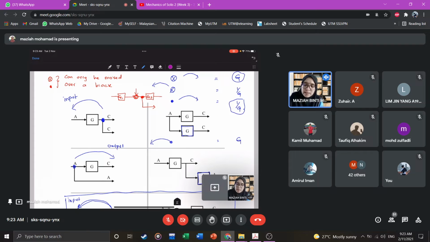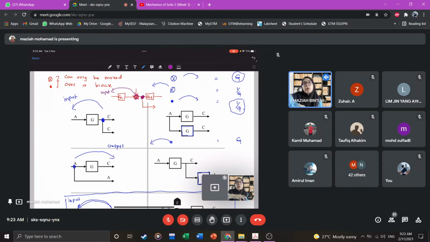Okay, so let's consider this summation point here. I said we can move toward the output and toward the input. But for this case here, the summation point can only move toward the input. It cannot be moved toward the output because there is a pick off point there.